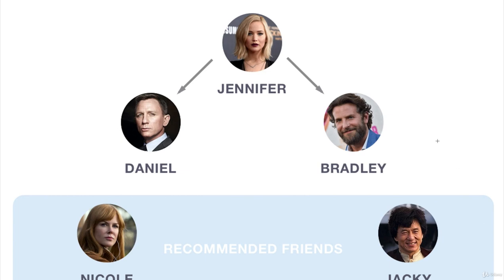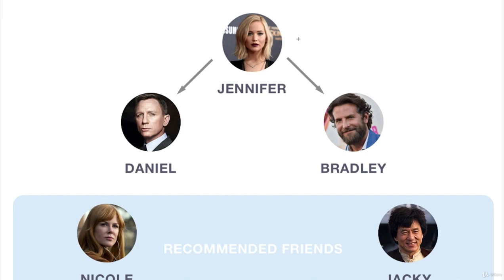In my case, I've got a current user who is Jennifer Lawrence. Jennifer Lawrence has friends Daniel Craig and Bradley Cooper. Daniel Craig and Bradley Cooper have the following friends, let's say Nicole Kidman and Jackie Chan. What we want is for Nicole Kidman and Jackie Chan to be shown to Jennifer Lawrence as recommended friends.